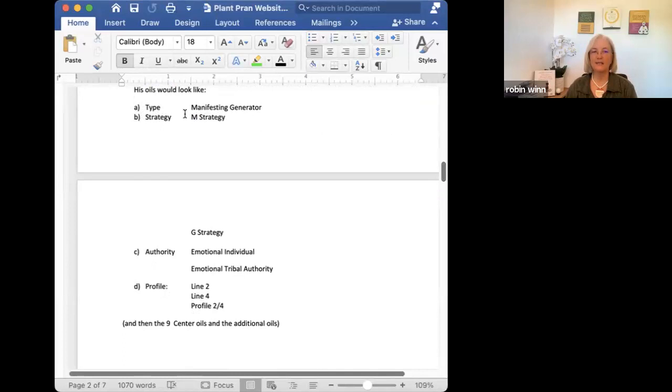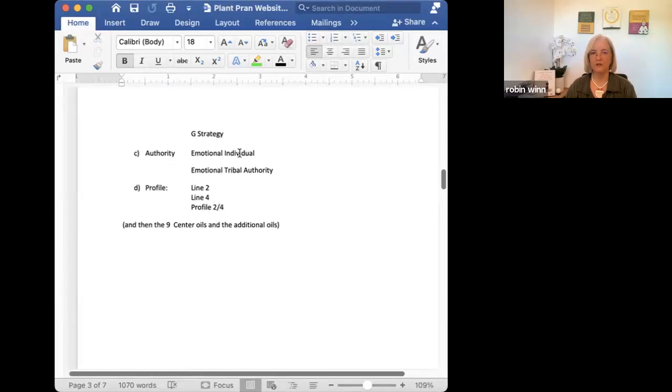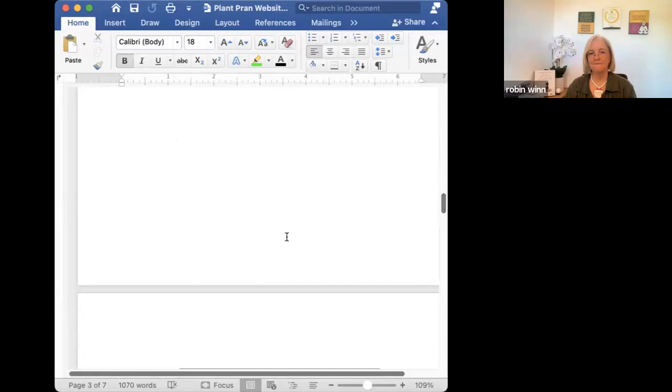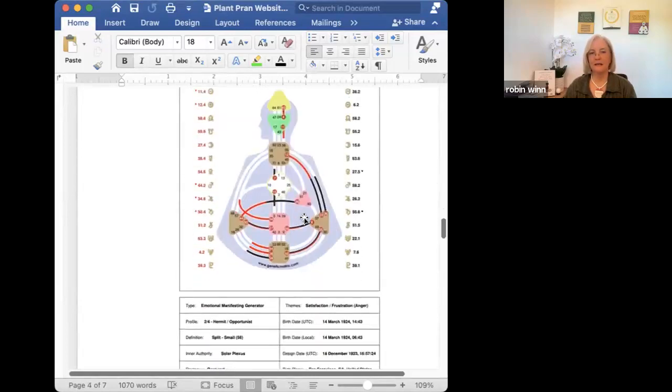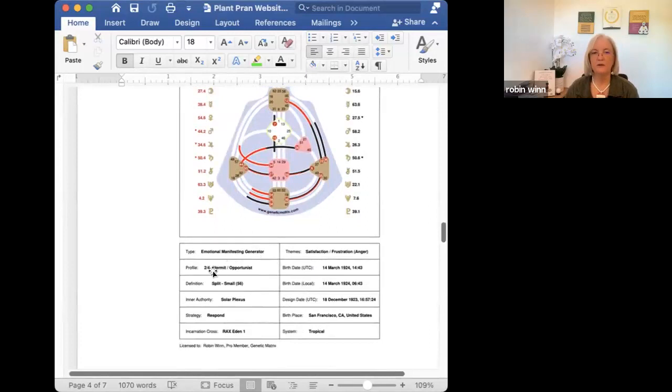For his strategy, he needs the M strategy and the G strategy. For his authority, he needs emotional individual and emotional tribal oils. For his profile, he needs line 2, line 4, and the profile 2-4, and then the 9 center oils and the 4 additional oils. So here's my dad. He's got tribal and individual waves. He's manifesting generator, 2-4 profile, emotional authority, and his strategy is also the same as his type.